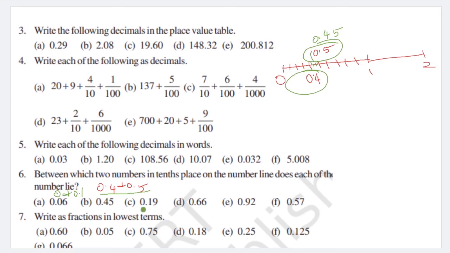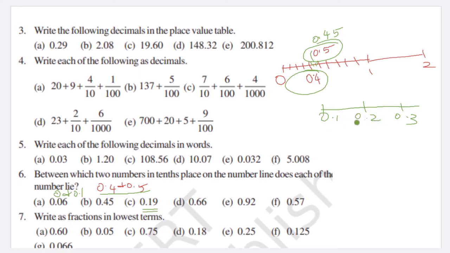The next one is 0.19. 0.19 means you'll have 0.1, 0.2, 0.3, numbers like this. So this number 0.19 will be lying between these two numbers.